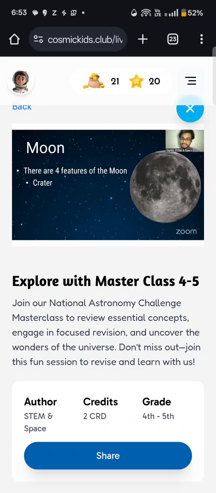Okay. The second feature of the moon is the mares. What's a mare? Mares are these dark patches on the surface of the moon. They are also called seas. Why do we call them seas? Because earlier astronomers used to believe that when they saw the moon, these were seas, or made up of water bodies.